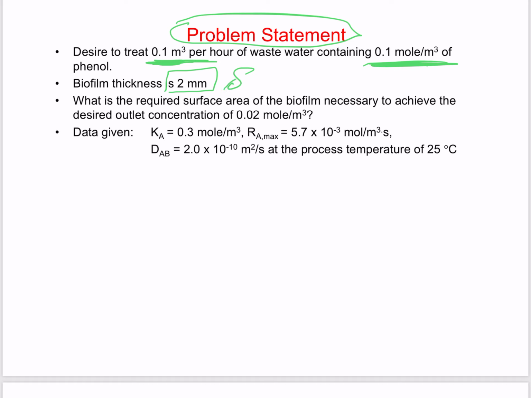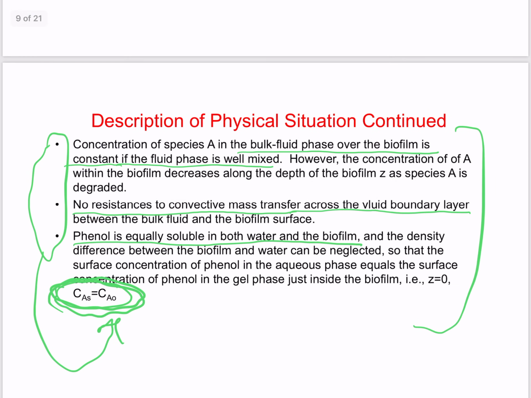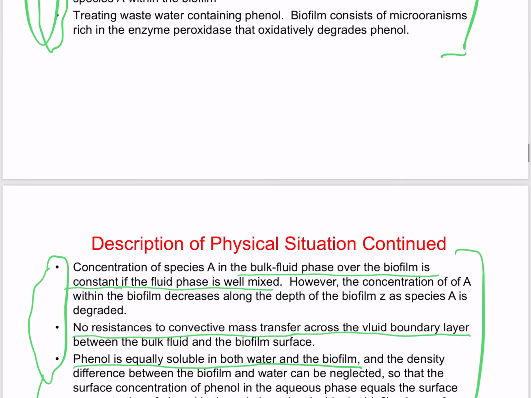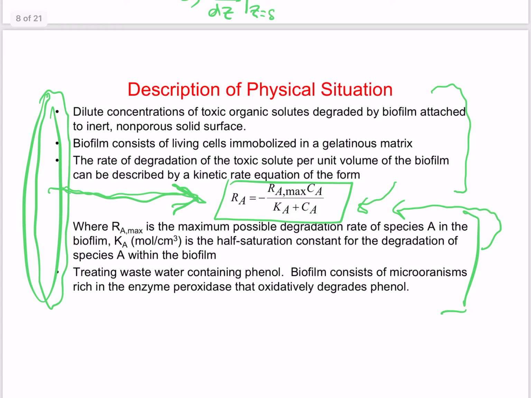And we want to know what is the surface area of the biofilm necessary for us to achieve an outlet concentration of 0.02. So we've gone from 0.1 to 0.02. And a bit of a side step here, but also noting that these slides with all the here's how we're making this assumption, why we're making this assumption, matter depending on the system and how precise we need it to be.